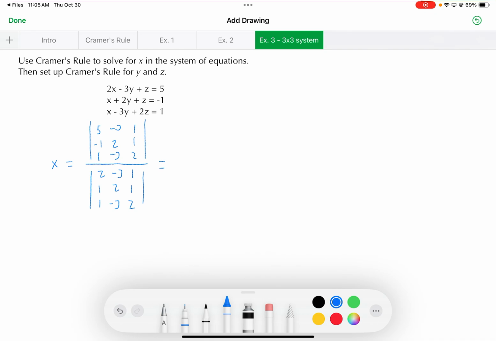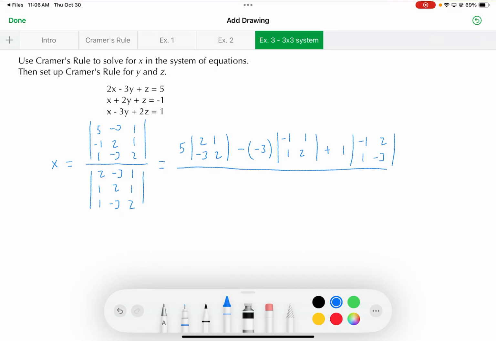So I'm just going to use the first row in expansion by minors. Okay, so 5, its minor would be 2, 1, negative 3, 2, minus negative 3, times its minor, negative 1, 1, 1, 2, and then plus 1 times its minor, negative 1, 2, 1, negative 3.